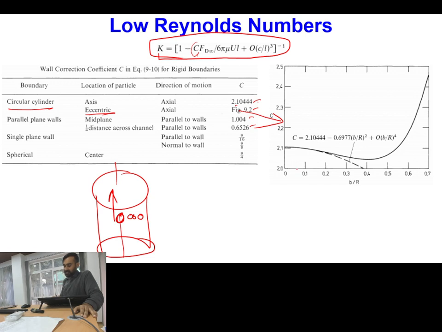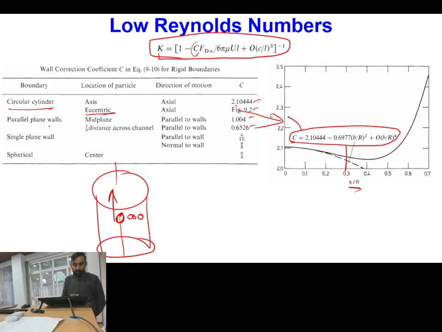So here you have C and here you have B by R. B by R close to 1 means we are approaching more towards the wall. Okay, is this one clear? And particularly for B by R less than 0.3, this is the equation with the help of which you can also calculate the value of C if this diagram is not present.